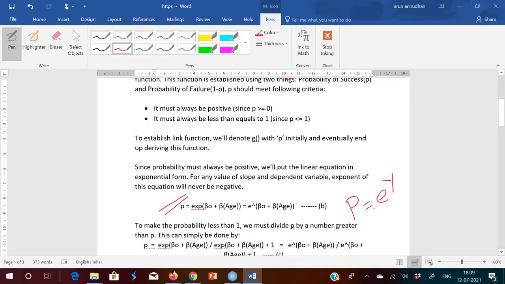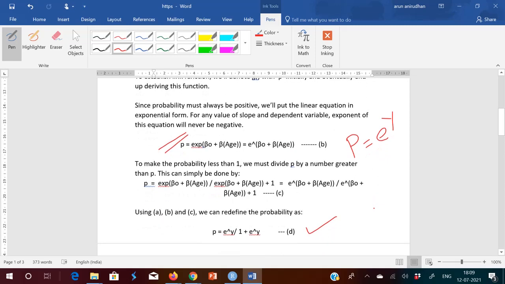So this is nothing but p equal to e raised to y. Now to make the probability less than 1, the denominator should be greater than the numerator, so you add 1 plus that same number. So p equals e raised to y divided by 1 plus e raised to y.